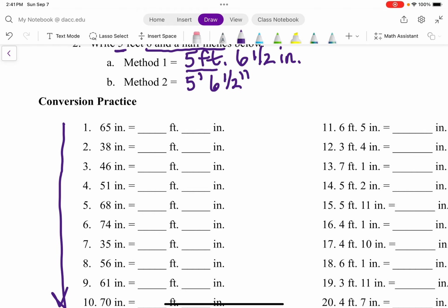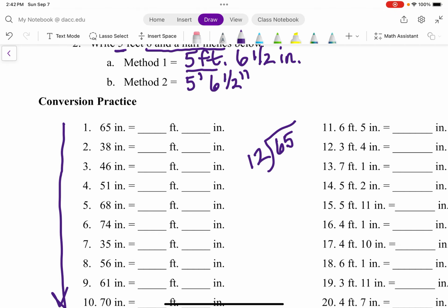The way we convert inches into feet is by dividing by the total number of inches that are in a foot. And we know the total inches in a foot are 12. So we would take 65 inches and divide that by 12. Now we have to calculate how many times 12 can go into 65.